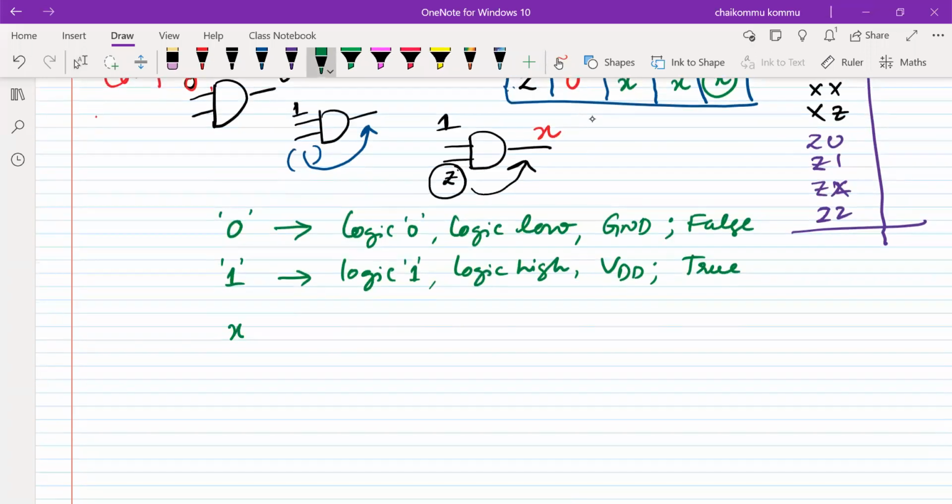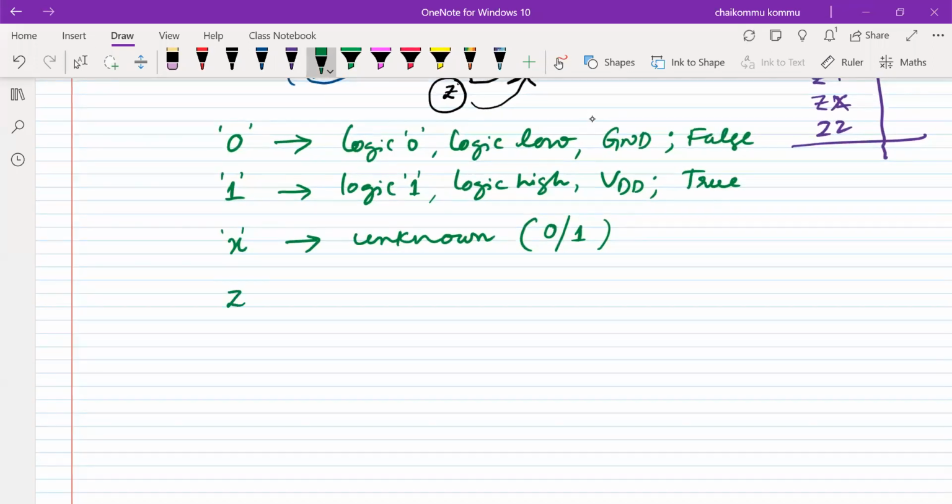What about X? X means unknown, which means we don't predict whether it is 0 or 1. What does Z mean here? It is a high impedance state, where the resistivity is very, very high. That's what we normally use as the logic values 0, 1, X and Z. Is it clear?